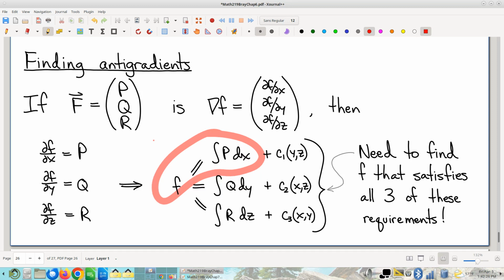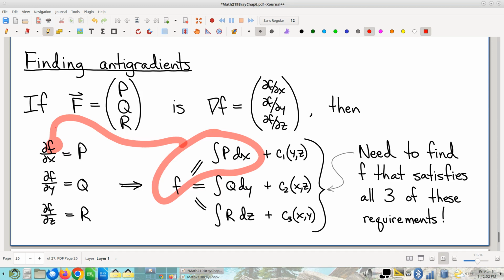Y'all will remember from single variable calculus that you have to note the many different possible antiderivatives by saying plus c. Well, what we have here is a function which I'm going to be looking at the x partial of. If I were to add a constant to this f, that wouldn't change the x partial.